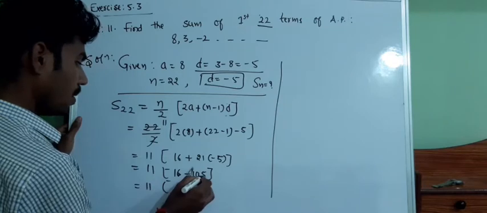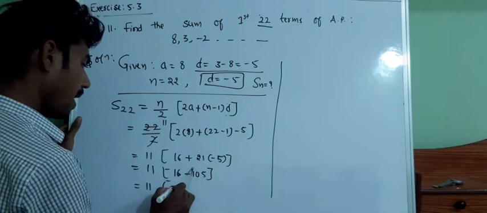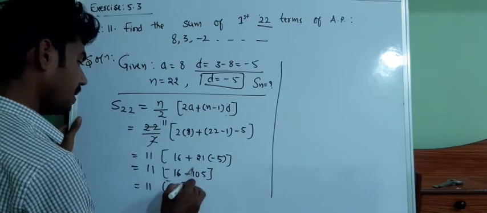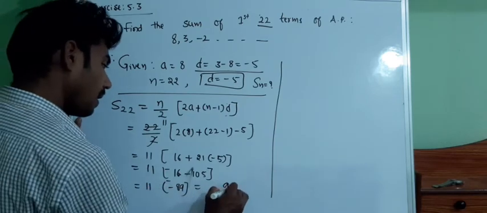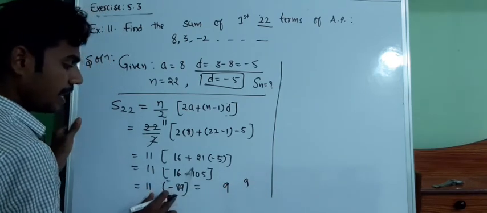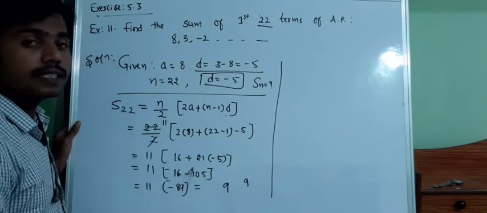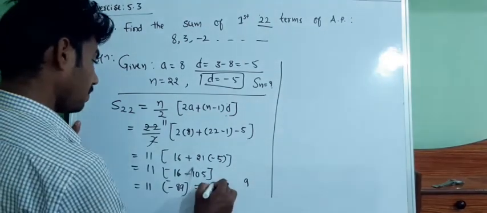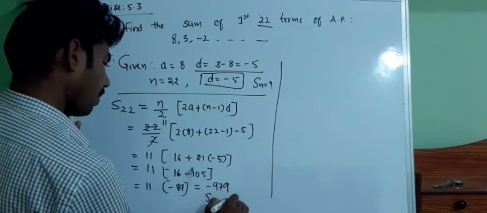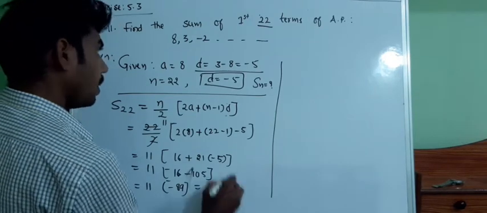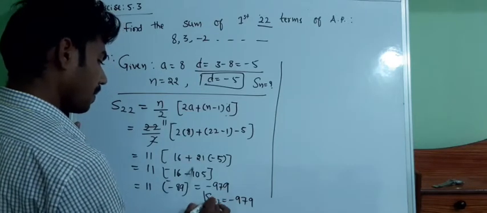So 15 minus 6 is 9, 9 minus 1 is 8, so that is minus 89. 11 nines are 99, carry 9. 11 eights are 88, 88 plus 9 is 97. Minus 979 is the sum of 22 terms of the AP. Please note this down.